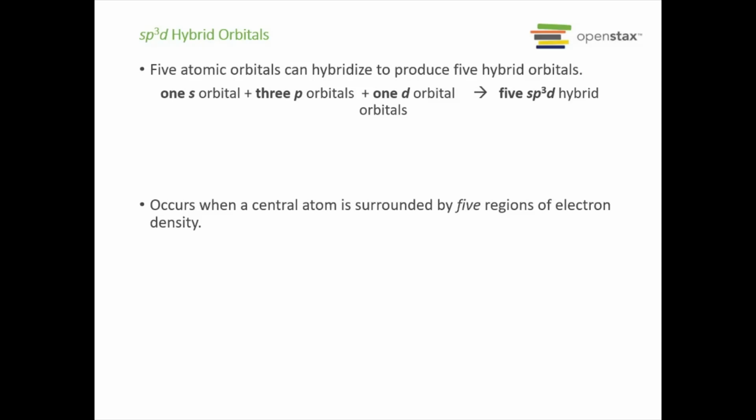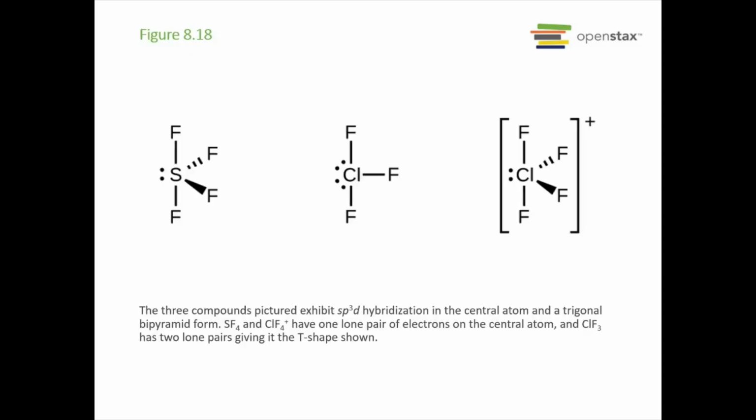Next, a not as common hybrid is the sp3d hybrid orbital. So this is 5 atomic orbitals making 5 hybrids: 1 s orbital, 3 p orbitals, and 1 d orbital. So sp3d is when you have 5 regions of electron density. Here are some examples. Sulfur tetrafluoride.